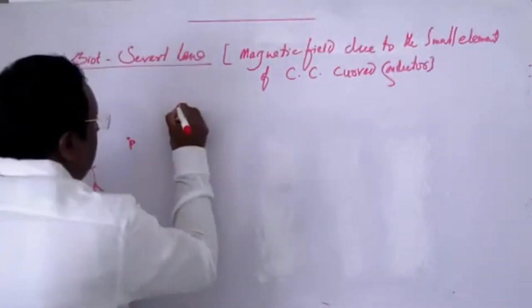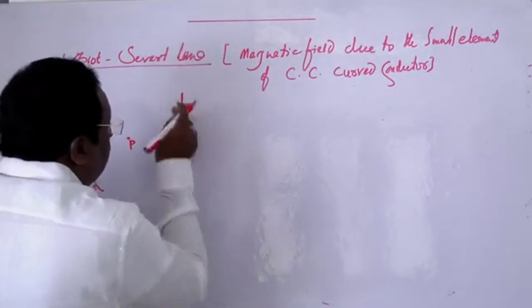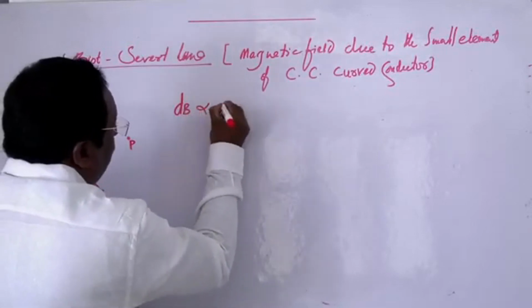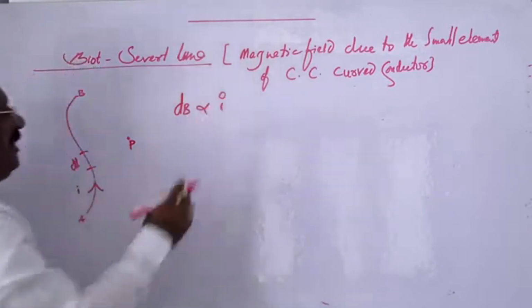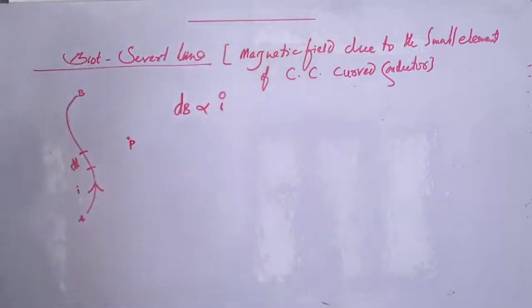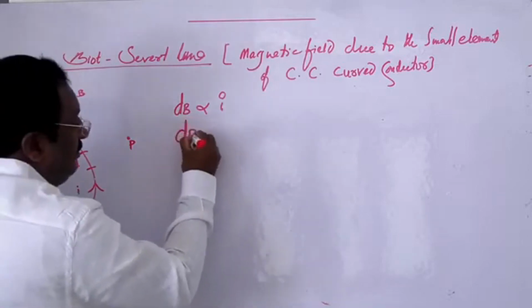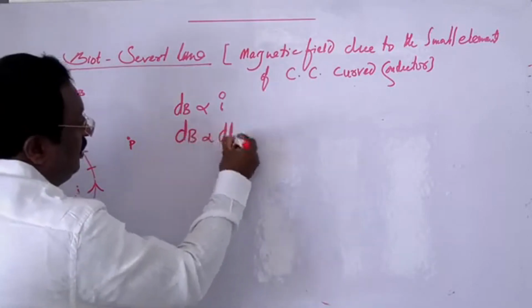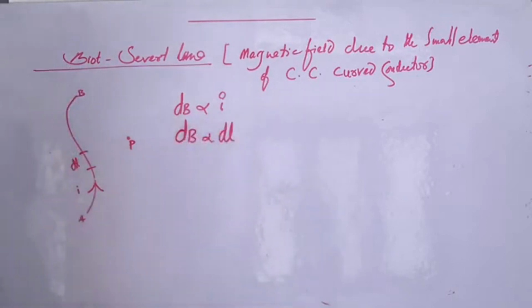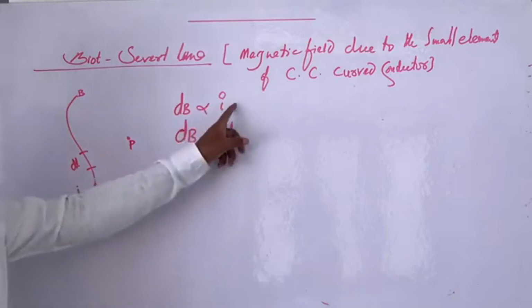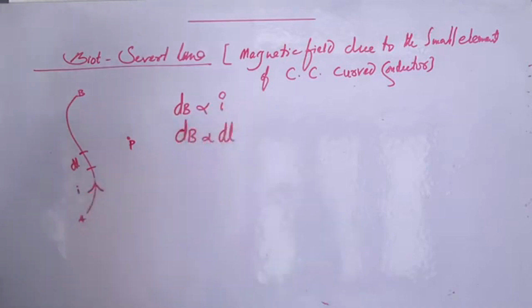Hence we can write, magnetic field due to the small element is directly proportional to the strength of the electric current. It is also directly proportional to the length of the element. I into dl is called the current element.